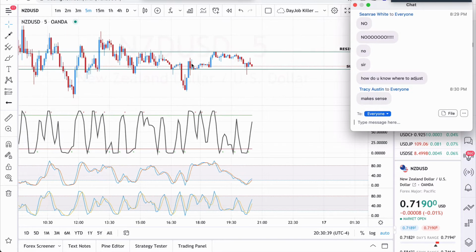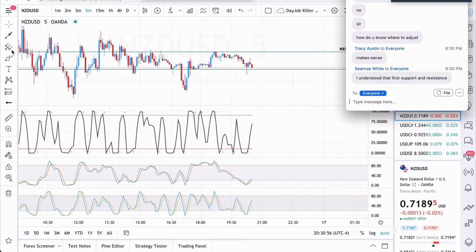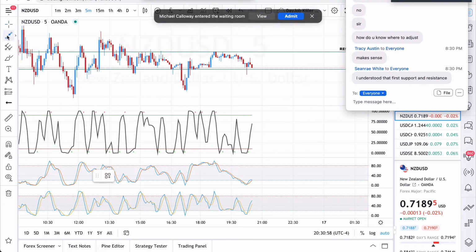So if you look, this level I marked, look how many times price came to this area and reacted. It didn't break out in the last however many minutes. So I marked that as a level. If you look now, you can see price approaching it again.